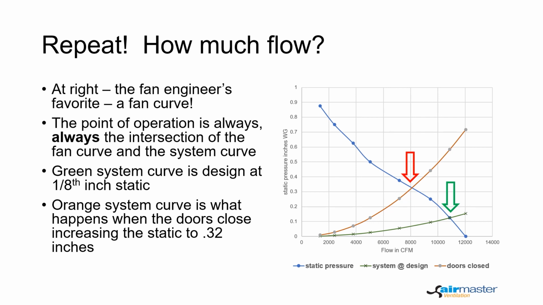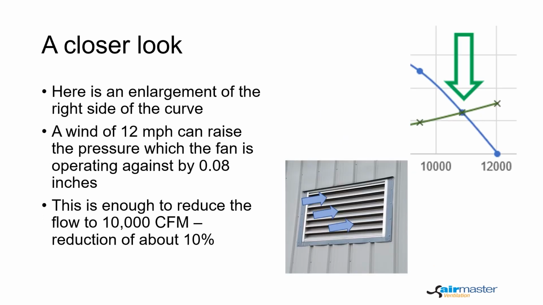But let's consider instead what happens with a slight breeze blowing outside. If the fan in this example was being used as an exhaust fan, just a breeze of 12 miles an hour against the wall in which it was mounted would be enough to raise the static pressure against which the fan is operating by 0.08 inches, which doesn't sound like a lot.